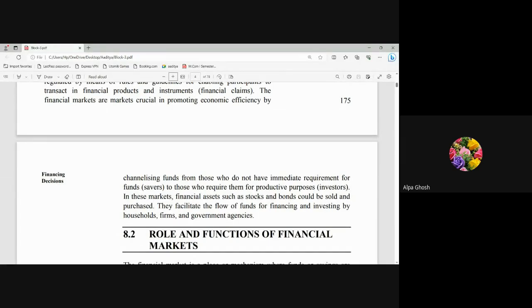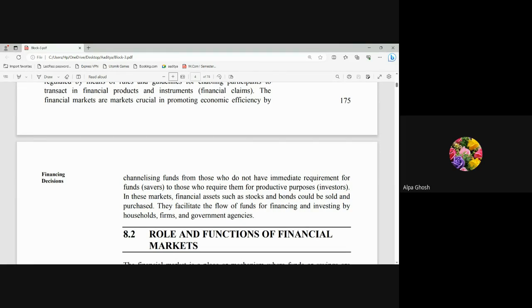The market functions by trying to link the buyers and sellers of financial products. When we talk about linking the buyers and sellers of financial products, it means they try to link the savers and investors.